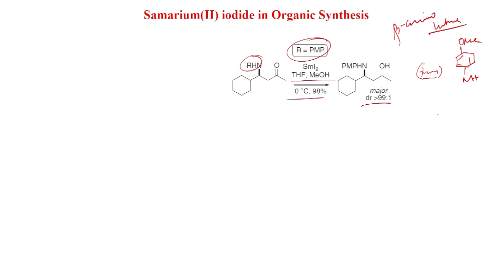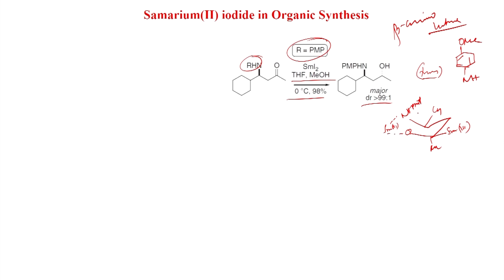So, here also we can think, similar to what we have seen earlier for the hydroxyketone, that this NH-PMP will coordinate with the samarium. Here methyl, this coordination will happen with NH-PMP.